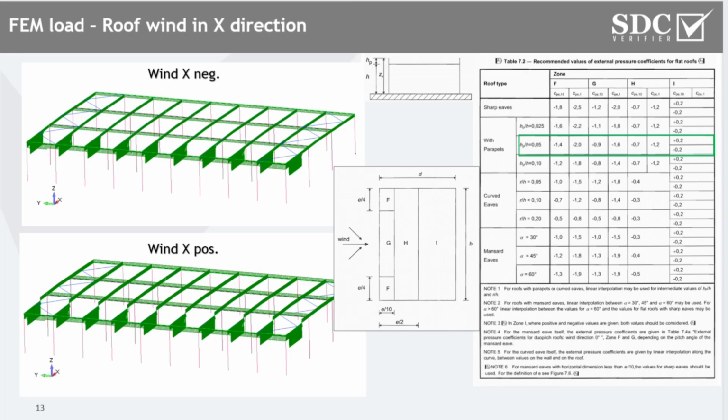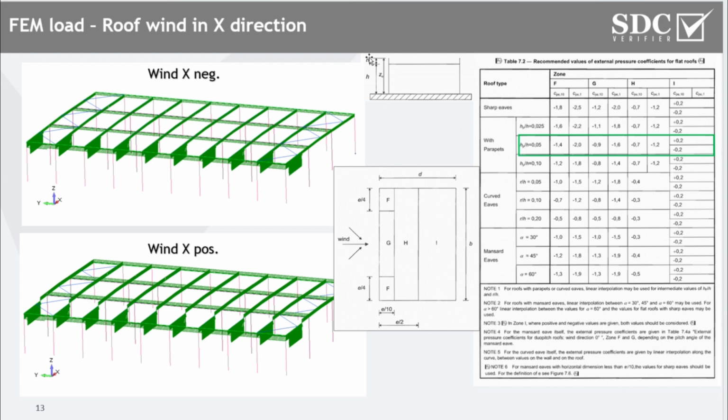In this case, it is a roof with a parapet, and as you can see, for zones F, G, H, I, the value is different. And how to calculate this? It is the ratio between the complete height of the structure and the parapet height.